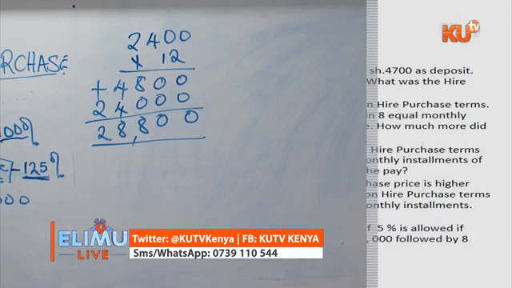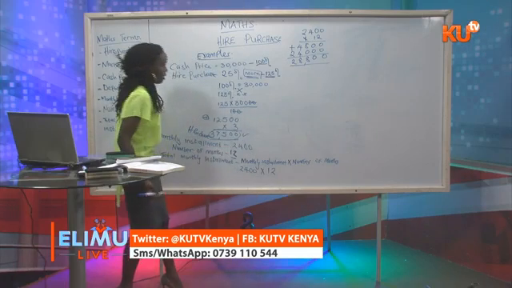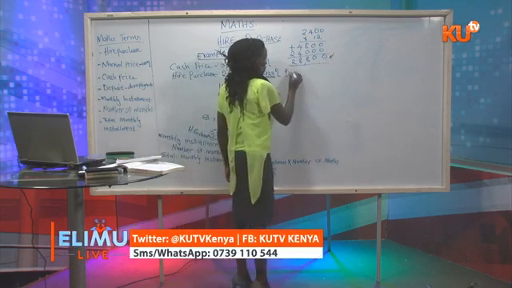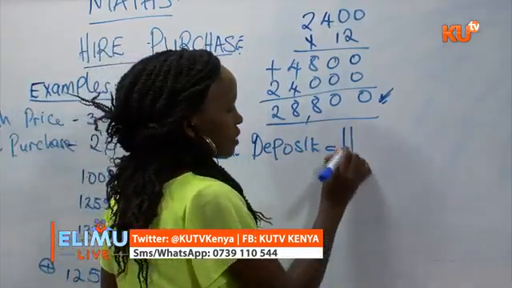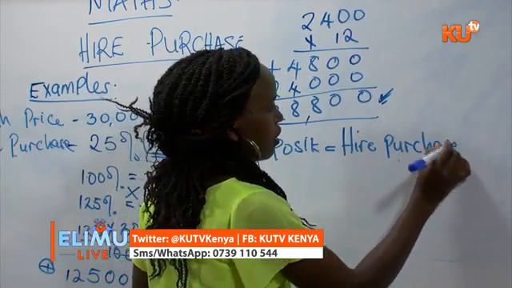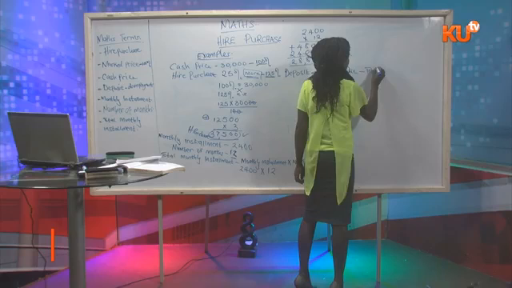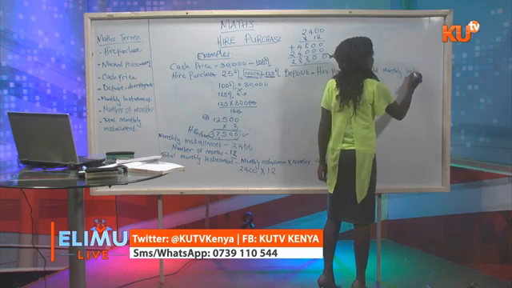So what is the question? The question is, how much deposit did he pay? We have our hire purchase here, and then we have the total monthly installment. To get the deposit, you take the hire purchase minus the total monthly installment.